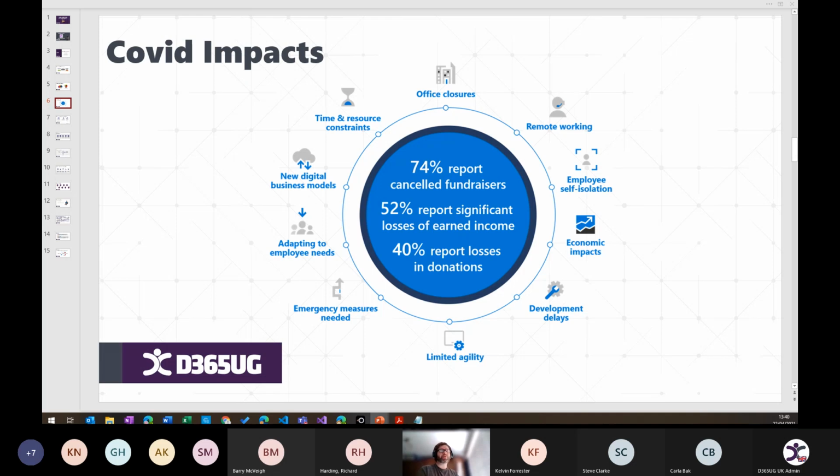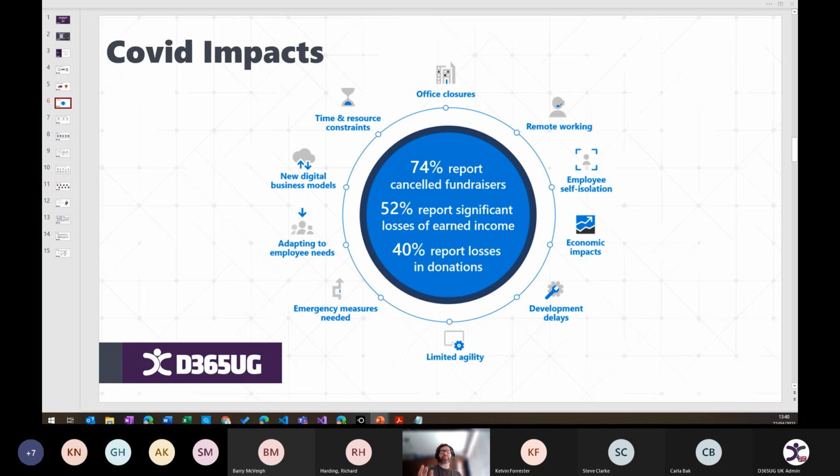And it wasn't just donations from people like you and me, it was also corporations who historically might have been really big donors to charities. They started either reducing their donation values, or in some instances totally stopping them. So obviously that had big impacts, and as you see on the screen, there are lots of other factors that came into play.